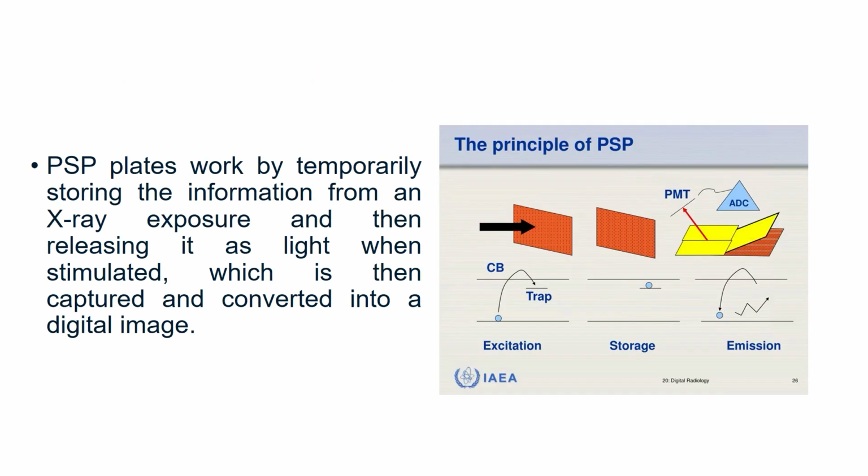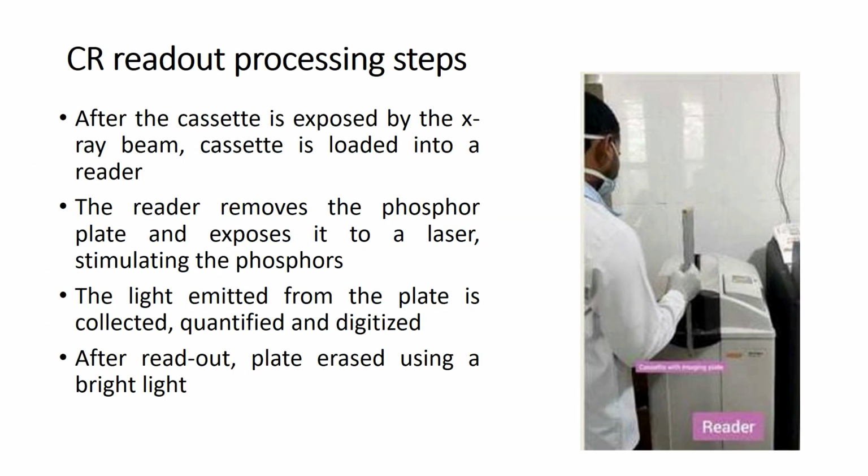The photostimulable phosphor plate works by temporarily storing the information from an X-ray exposure and then releasing it as light when stimulated, which is then captured and converted into the digital image.